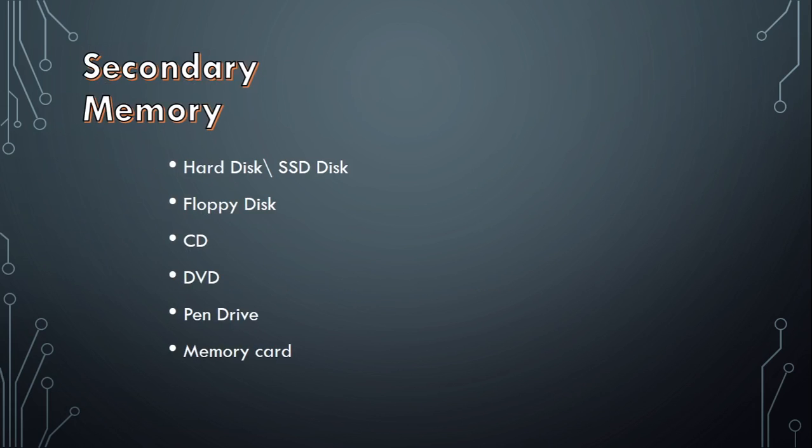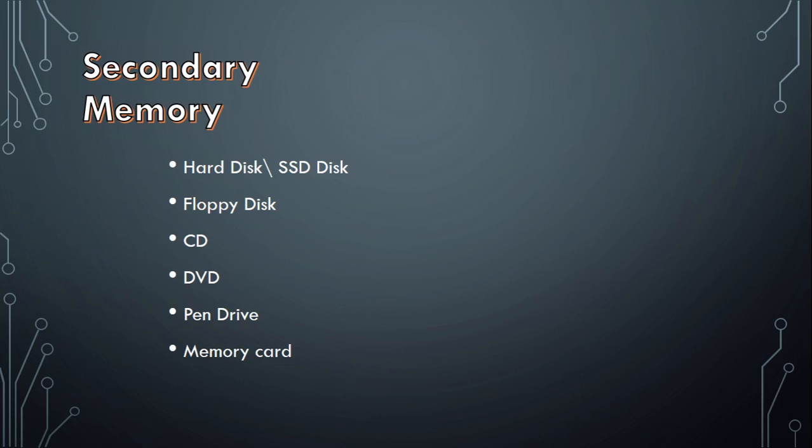Next is secondary memory. Here in your book, you can see some examples of secondary memory. The secondary memory is also called the external memory of the computer system. This memory is non-volatile in nature and stores data permanently. As the primary memory has less storage capacity, the secondary memory has more storage capacity than the primary memory.